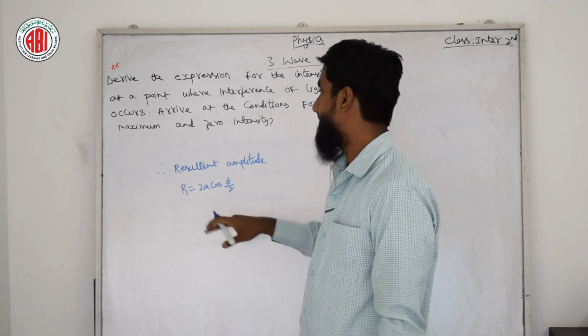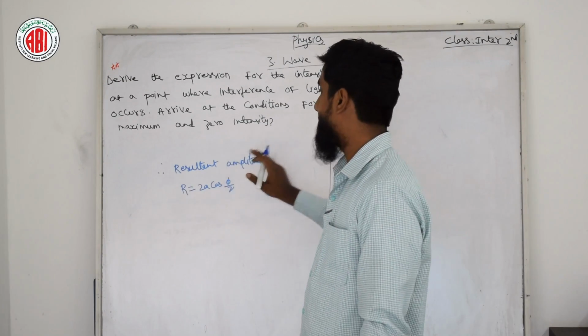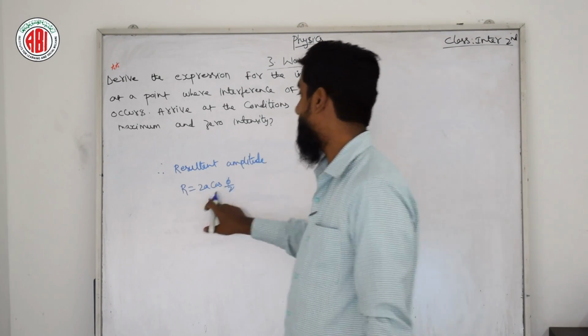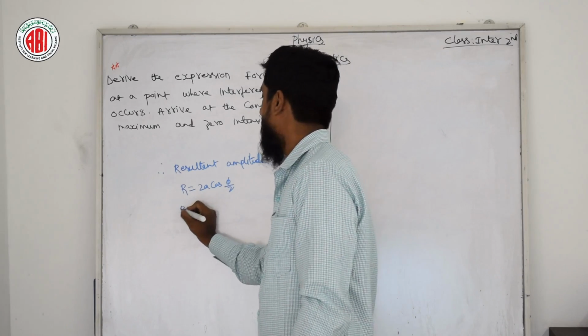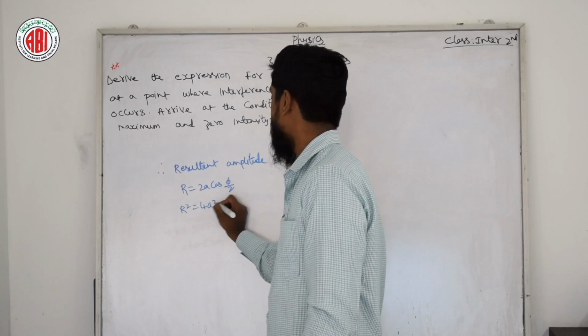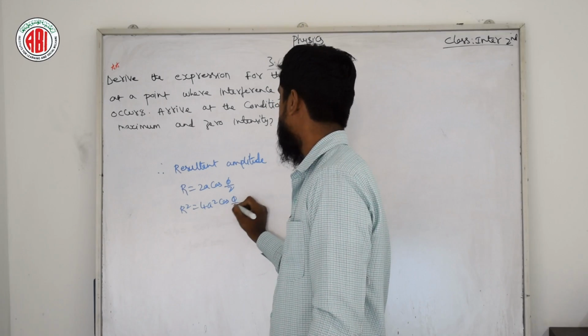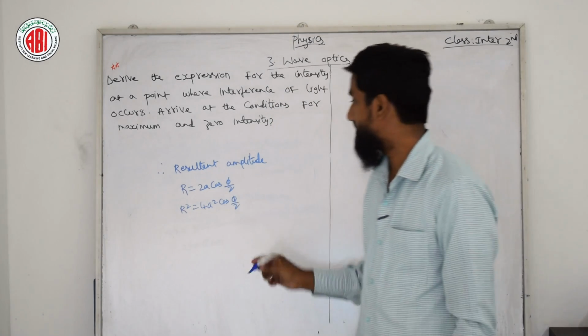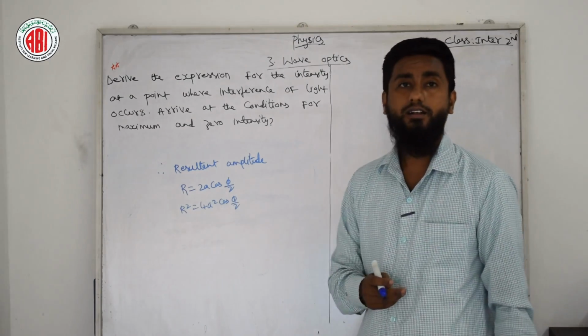After that step we can write that the resultant amplitude R is equal to 2a cos phi by 2. Now squaring this we will get R square is equal to 4a square cos square phi by 2. You may ask, sir, why is it not phi square by 2 square?